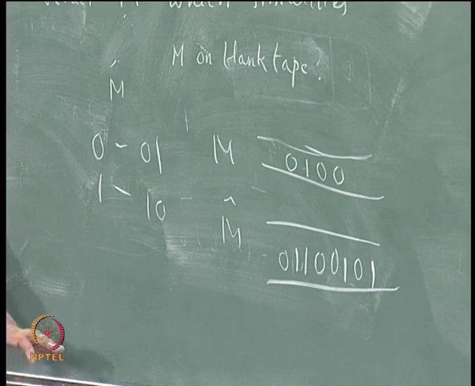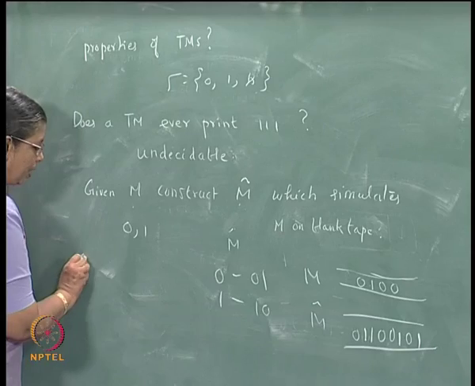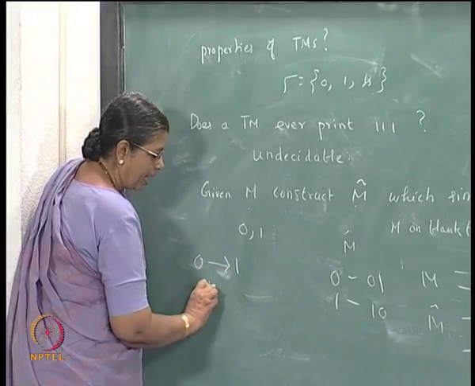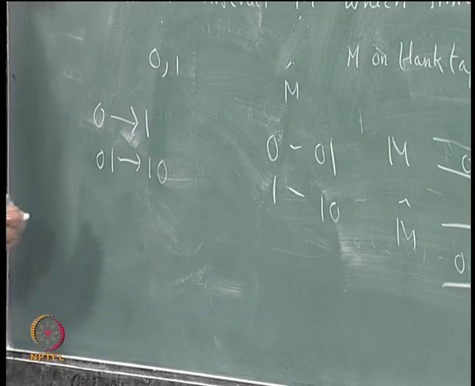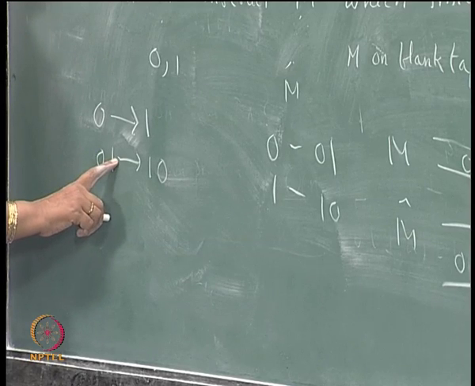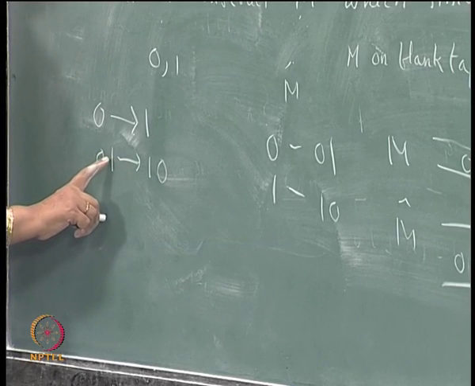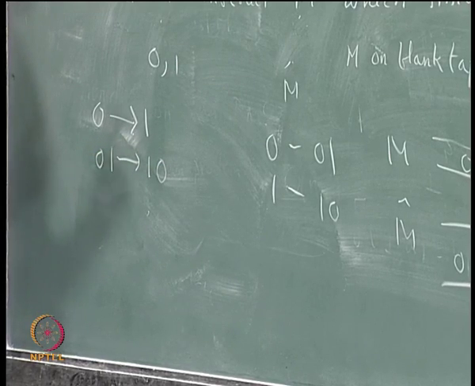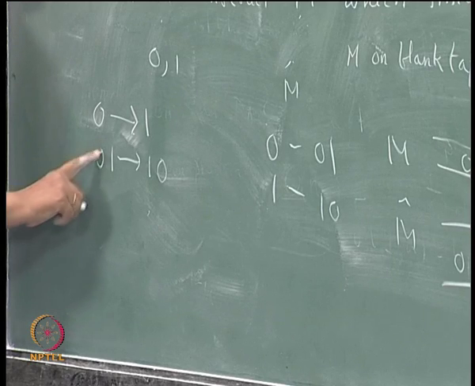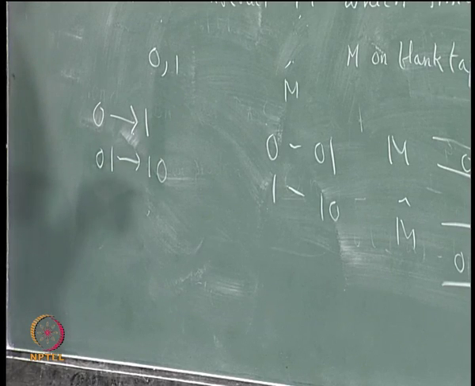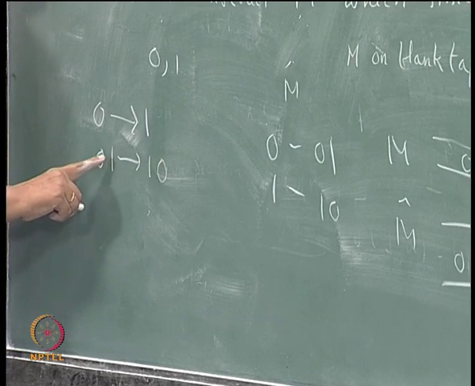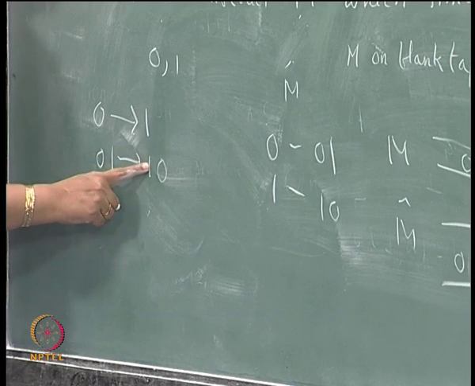Also, when you change 0, 1 into 1, 0, you do it in such a way that first you change the 1 to 0 and then the 0 to 1, one by one. If you change 0 to 1 first, at one stage you will have 2 ones, so you avoid that.